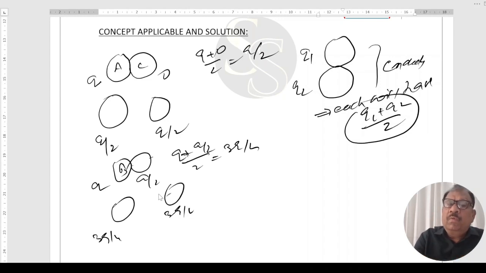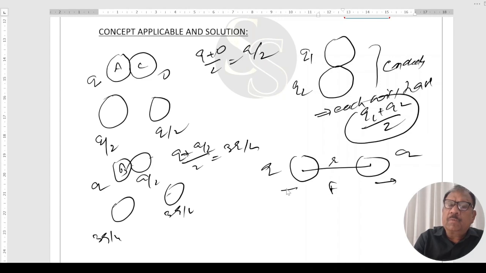Now, there are two cases. One is two spheres separated by distance R. This is Q, this is Q. Force of repulsion between them, it will repel like this.